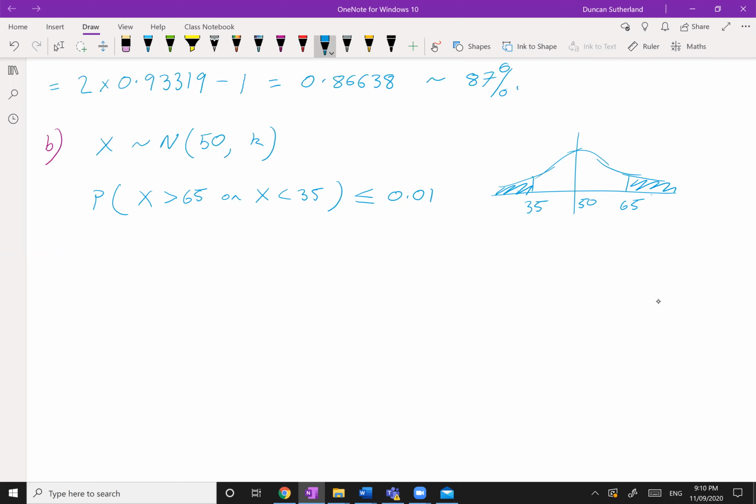So we could work out P(X less than 35) is less than 0.5%, right? And that's the same as working out this thing, right? Because both of these parts contribute exactly half the value. So we have to standardize this.